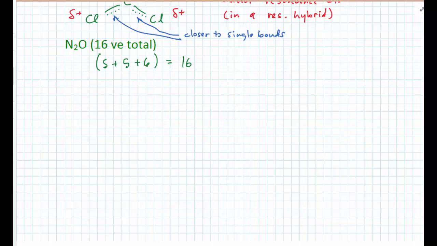Now, there's a lot of ways to draw N2O. And in fact, there's 2 major skeletal structures. The skeletal structure is just kind of what atoms connected to what. So what would be one way of arranging those 3 atoms? What do you think? Somebody just call something out.